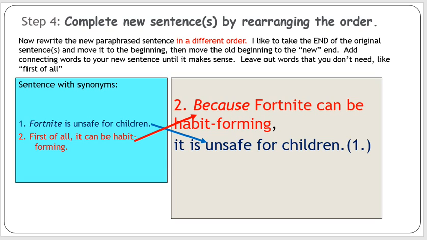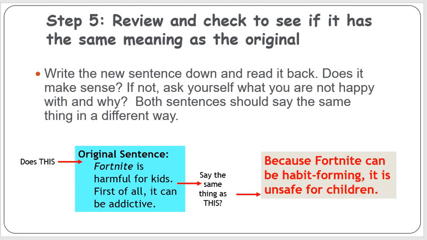But how about something like, because Fortnite can be habit forming, comma, now I can put the rest of my information in. It is unsafe for children. So you see how these sentences kind of flip-flopped the order the way that they originally appeared. You can leave out words that you don't need, like first of all, or any other words that don't make sense for your paraphrased sentence.